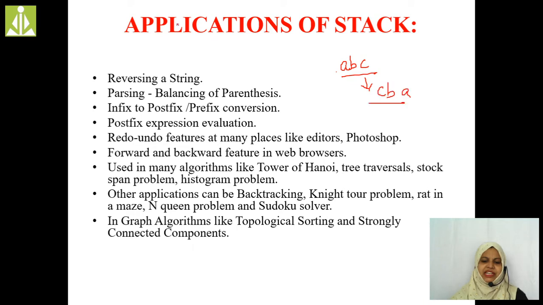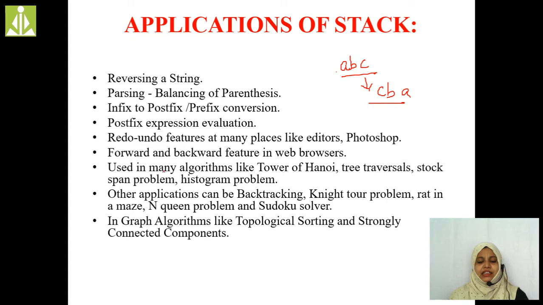CBA. We use a stack to find the reverse of a given string, or in parsing techniques, or we can convert infix to prefix or infix to postfix expressions, or evaluate postfix expressions. We can use stacks in Photoshop also, or in web browsers.